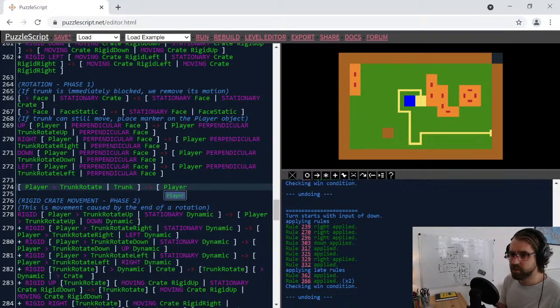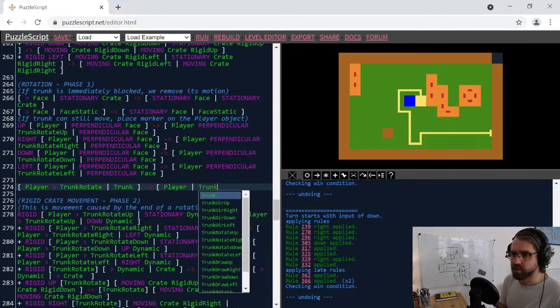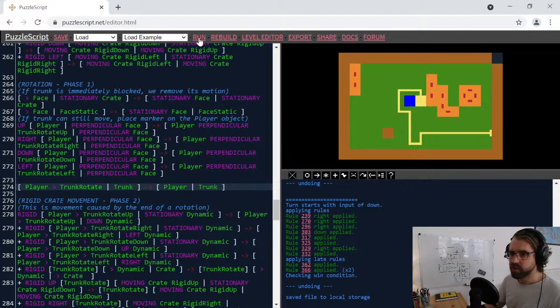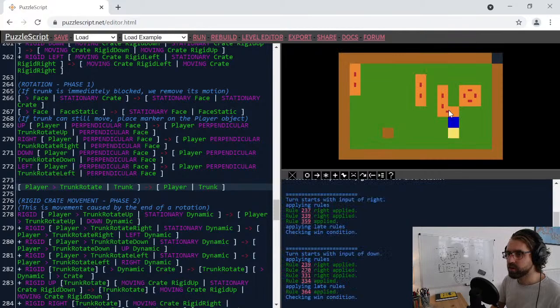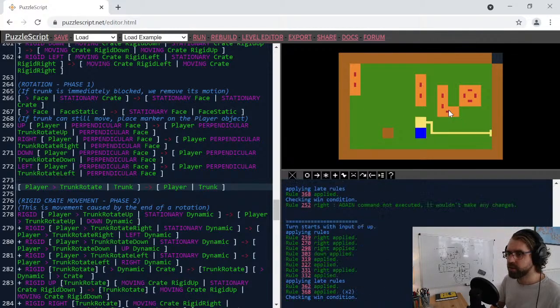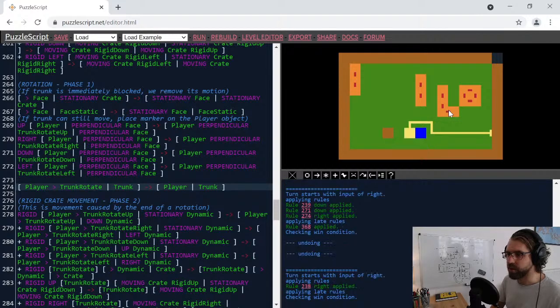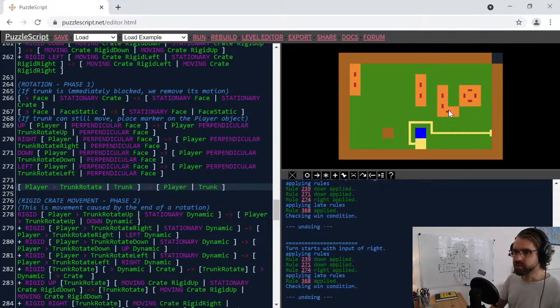Player trunk. That do. Break everything? Okay, it breaks that. Whoa, okay. I had to remove the movement from the thing as well. Got it.